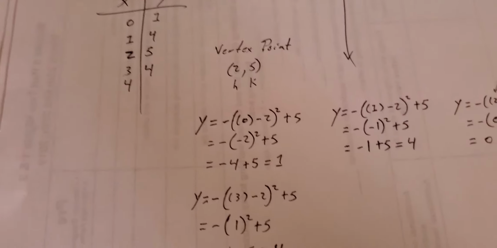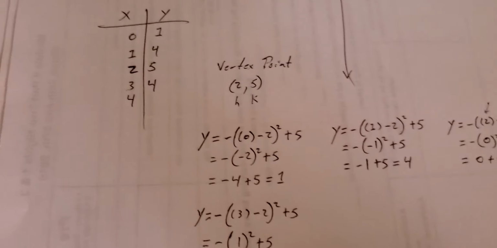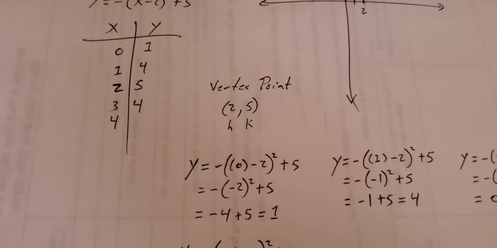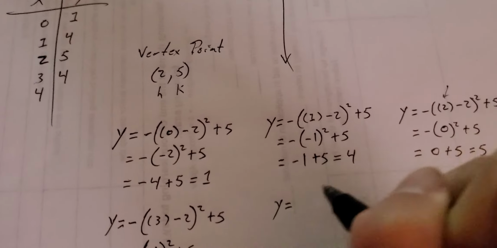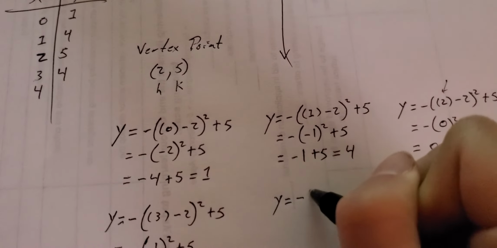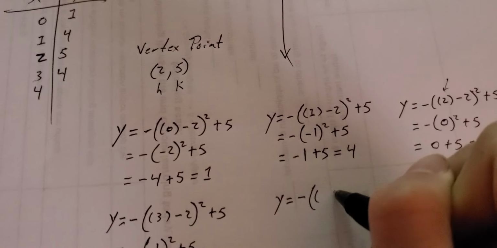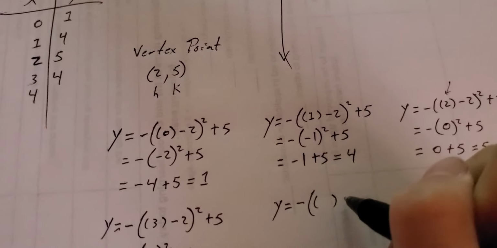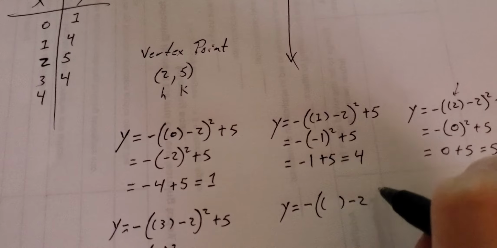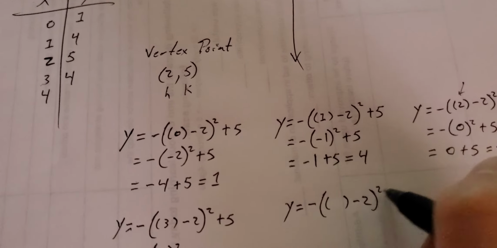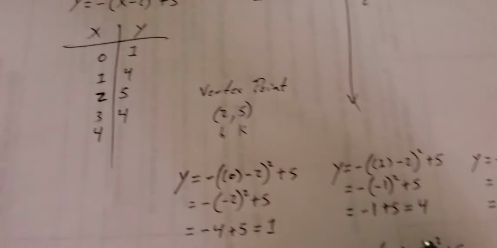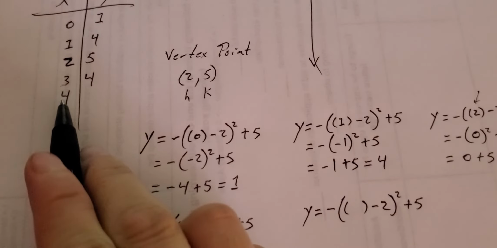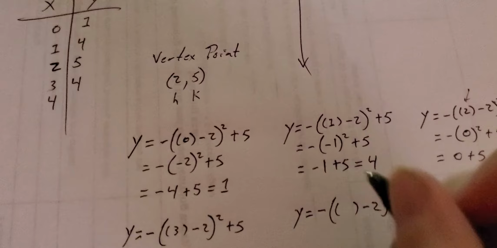Alright, last one. It seems like a lot, but it's just a repeated process. Y equals my negative, parentheses where I'm going to put my x value, minus 2, and that's squared plus 5. So now my x value is going to be 4. I'm going to put my 4 in here.